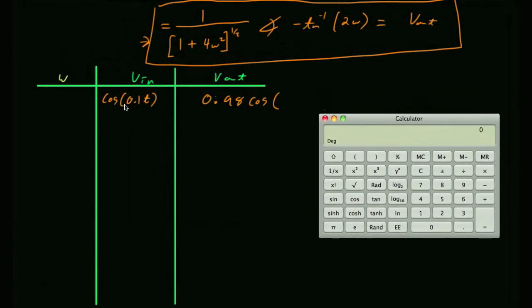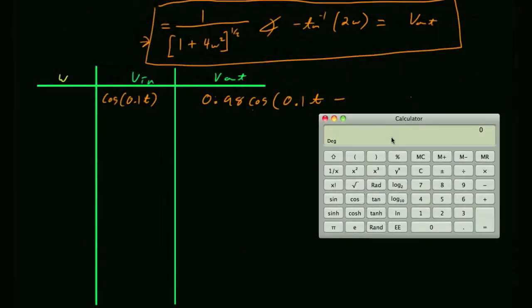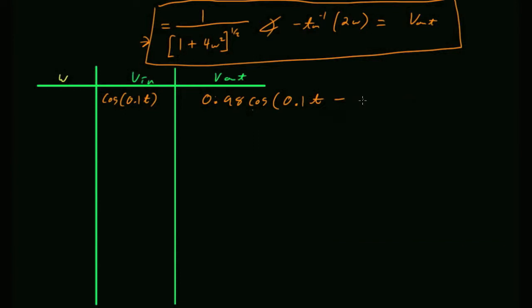The cosine has to have the same frequency, right? 0.1 t minus, let's see here, I'm going to get 2 times omega and take inverse tan, making sure that I'm still in radians. I'm getting 0.197. Is that what you guys are getting? Yeah. Okay, minus 0.197. Not a whole lot of radians.